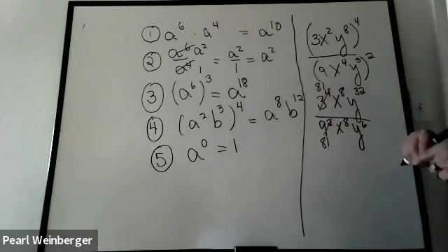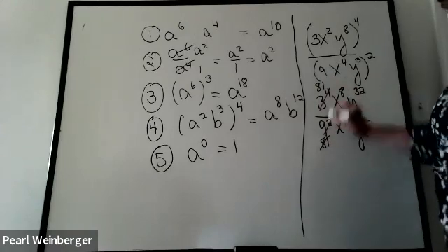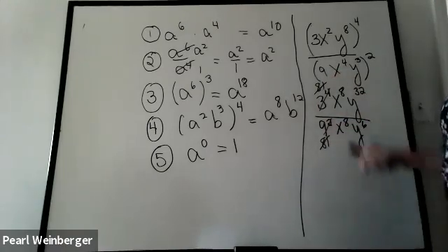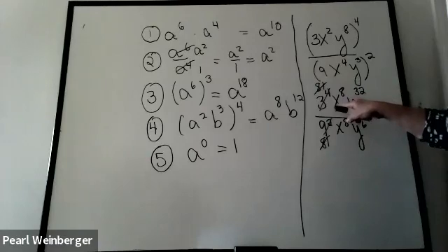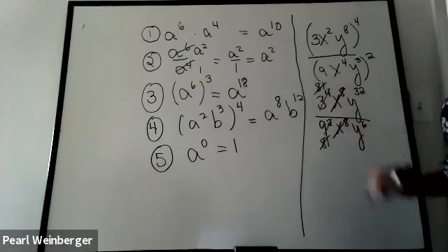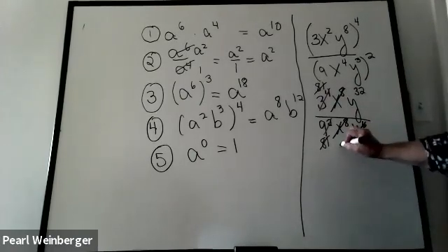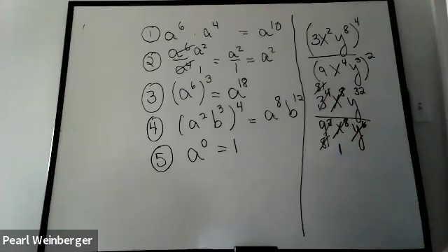I can now reduce. First, I deal with the coefficients. 81 and 81 just cancel out. Then I look at the x's. x to the 8th and x to the 8th just cancel out because they're the exact same exponent. And y to the 32 and y to the 6, we cancel out the lower one, which means I'm left with a 1 on the denominator.